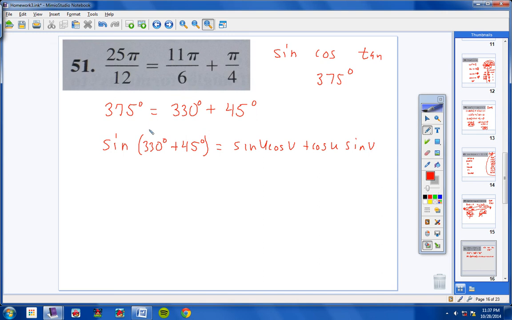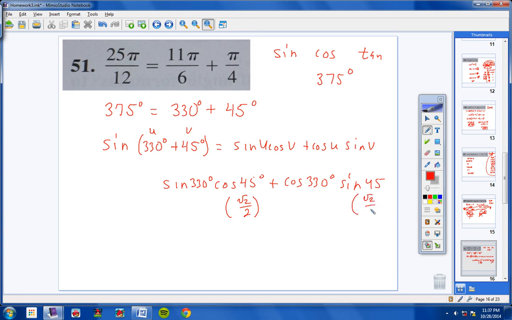And this is my u, and this is my v, okay? So what I basically have is this. Sine of 330, cosine of 45, plus cosine 330, sine of 45. Now, we know the cosine of 45 is square root of 2 over 2. And we know the sine of 45 over here is square root of 2 over 2.